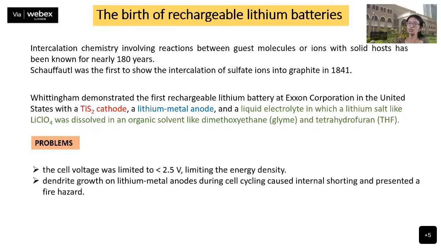So instead of spreading on the anode, it keeps growing like a needle. If that needle keeps growing continuously, it perforates your separator and gets attached to the cathode, and the moment the anode and the cathode touch each other, there is a short circuit, internal shorting, and fire. So obviously, these were the problems which needed to be rectified.